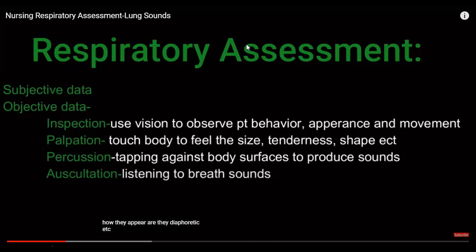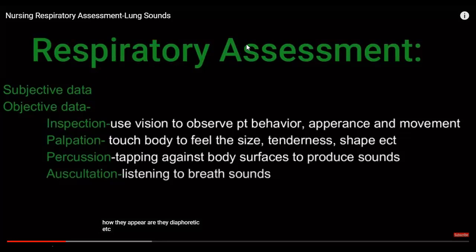Laryngeal stridor we get during laryngeal stenosis, and stridor we can get over the pharynx when there is partial obstruction of the upper respiratory tract.